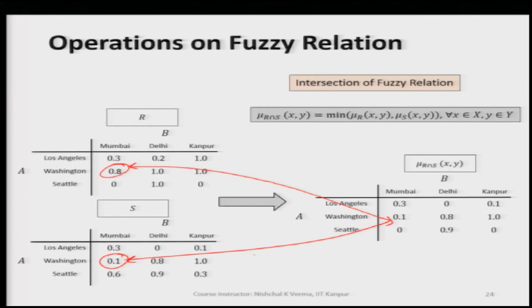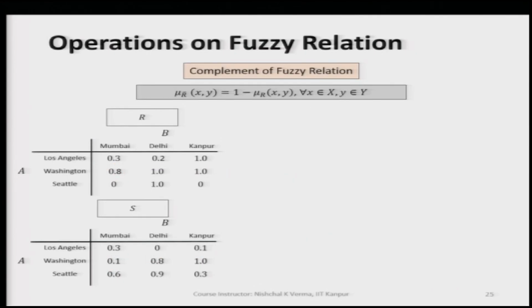So, this is nothing but mu S x, y, and then this is mu R x, y, and this here is mu T x, y. So, all these corresponding values can be very easily computed, and this way we find the intersection of two fuzzy relations.